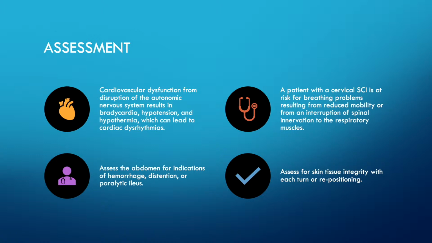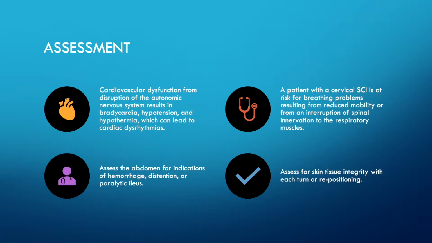Remember that a patient with a cervical SCI is at risk for breathing problems resulting from reduced mobility or from an interruption of spinal innervation to the respiratory muscles. Assess the abdomen for indications of hemorrhage, distension, or paralytic ileus, and assess for skin integrity with each turn or repositioning.